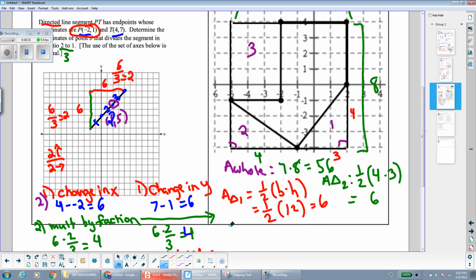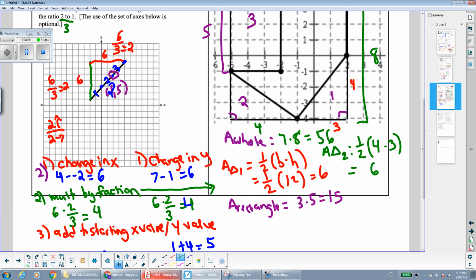Then we have the area of the rectangle, shape number 3, which will be length times width. From here to here is 3, and the other side is 1, 2, 3, 4, 5. Almost messed that one up. So we have 3 times 5, which is 15.